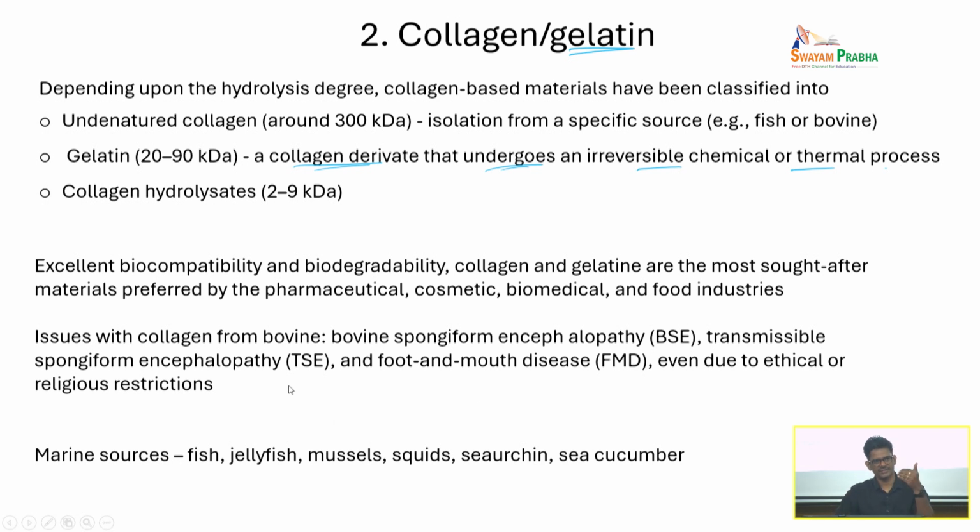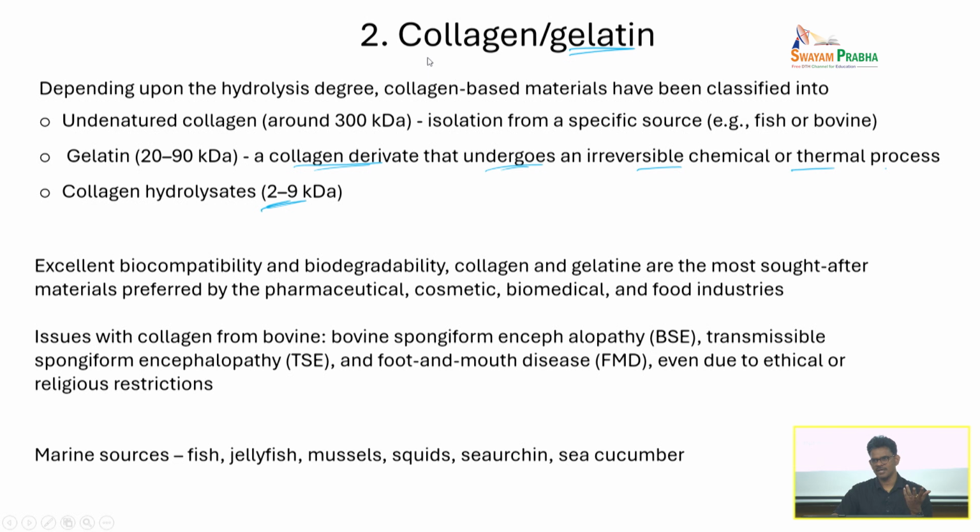If you reduce the size even further, then we have collagen hydrolysates, which have a molecular weight between 2 to 9 kilodaltons. So collagen can be found in 3 different forms depending upon the molecular weight: the native or undenatured collagen, gelatin, or collagen hydrolysates, which are basically small oligomers of the collagen unit.